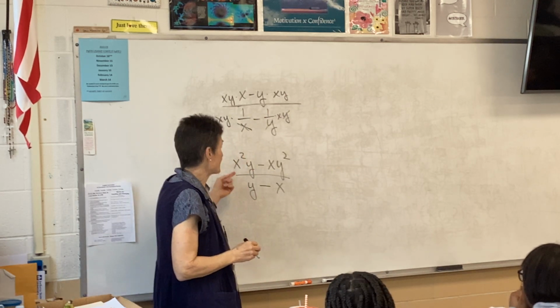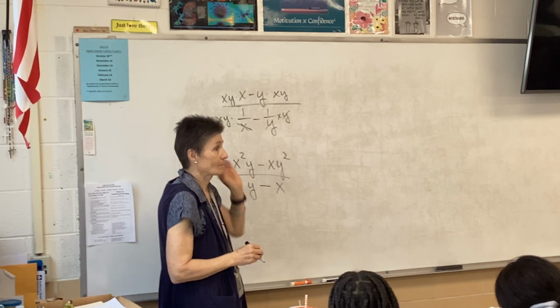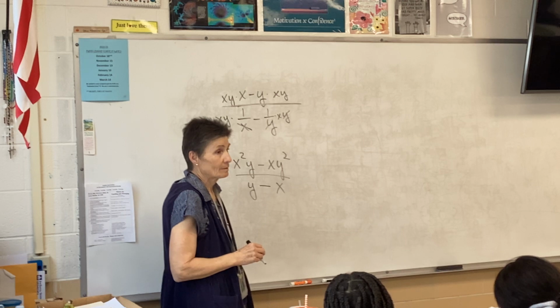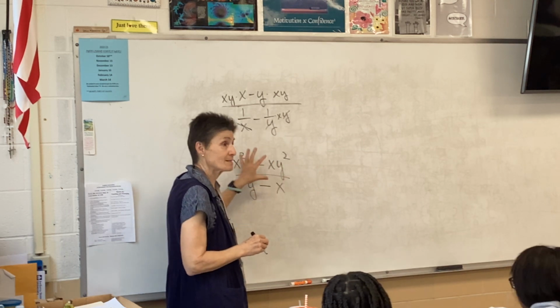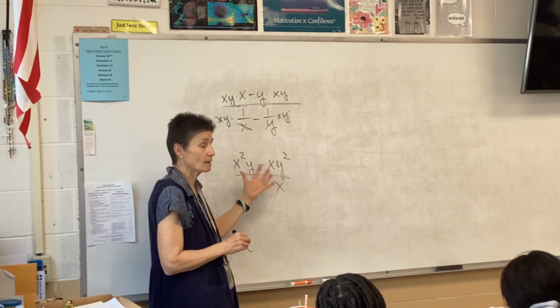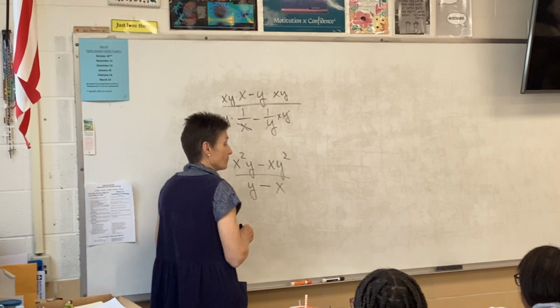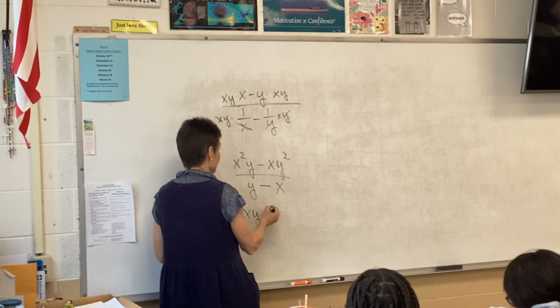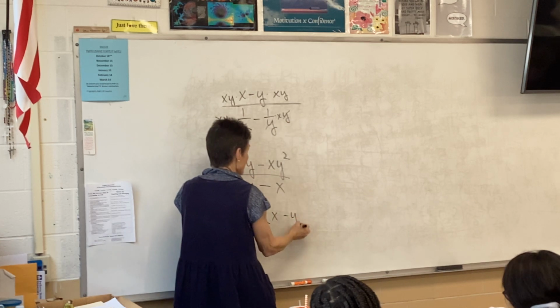Now, what do you notice about that numerator? It factors. Remember, you cannot cancel until you factor, so there's no canceling to do here, but I can factor the top. What can I do to the top? Take out an xy, and that leaves me with x minus y.